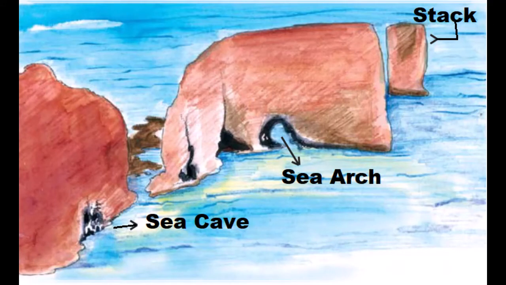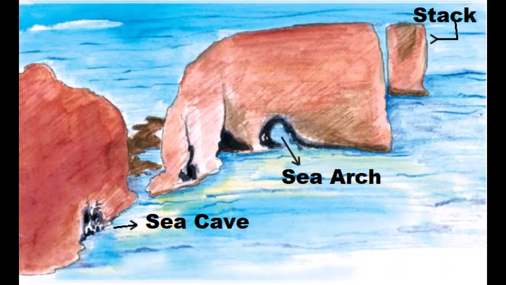Sea water performs erosional and depositional work through sea waves. It is also done through currents, tides and storms. The erosional and depositional work of sea waves also forms coastal landforms.